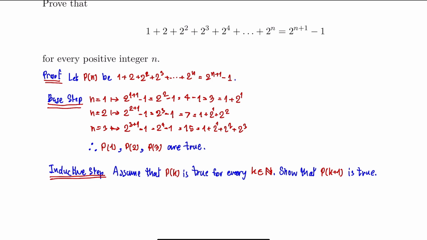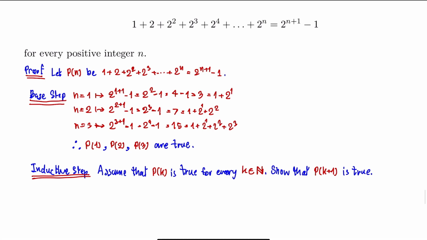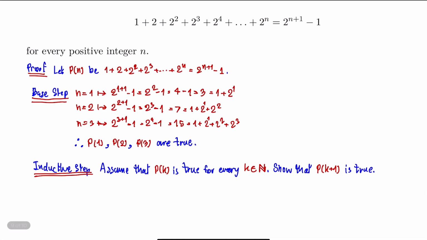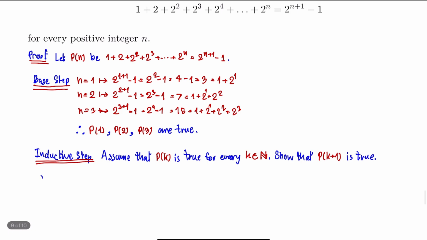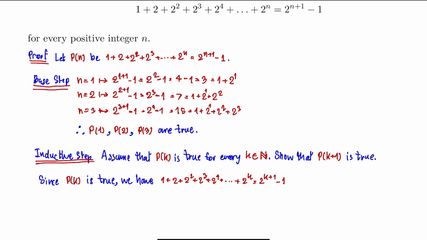I just want to use mathematical induction. So from what we have assumed right here, since P of k is true, we have 1 plus 2 plus 2 to the 2 plus 2 to the 3 plus 2 to the 4 plus all the way to 2 to the k, which is 2 to the k plus 1 minus 1.